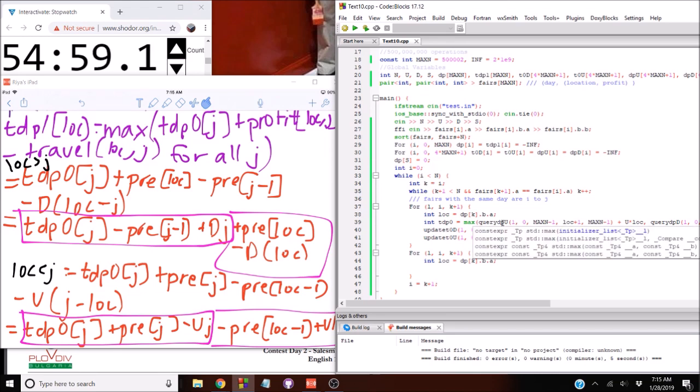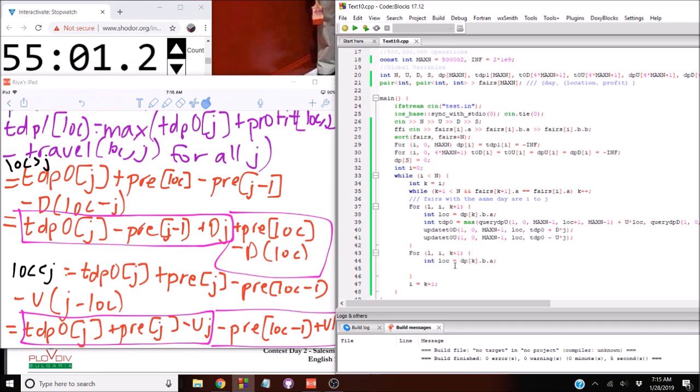I'll write these functions later, I suppose. Now, we just need to set TDP1 lock, and we might even be able to erase the TDP1 array and just make it a single variable. But for now, I'll just put it in as an array value.